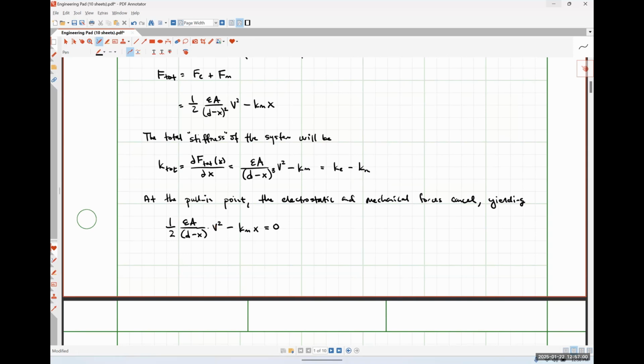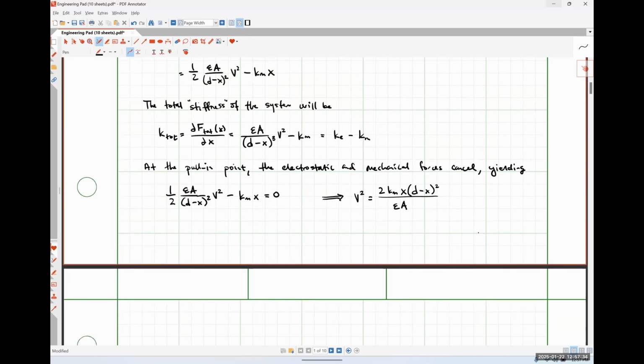Since I'm doing 1/2 here, this is the force. So I'm just having the forces balance each other out. My mistake there. And if we rearrange this, we can solve and find that our voltage squared would have to be equal to twice Km x times (d minus x) squared all over epsilon A. Yep.